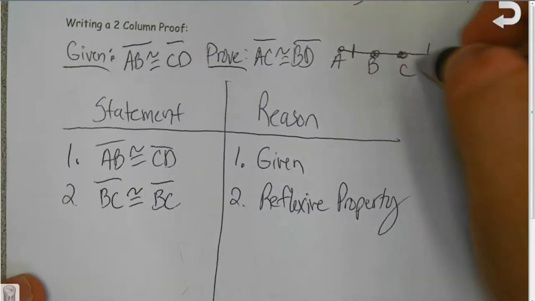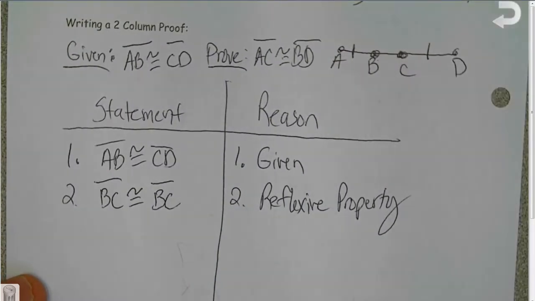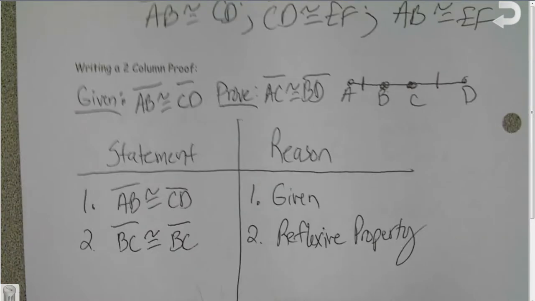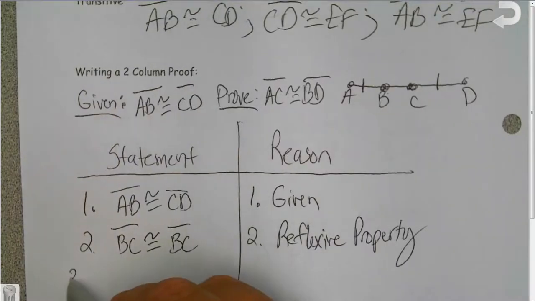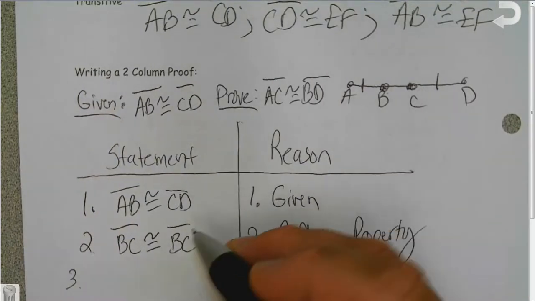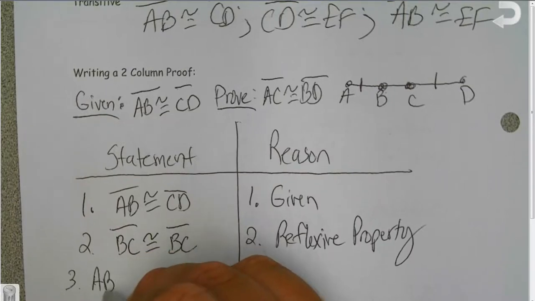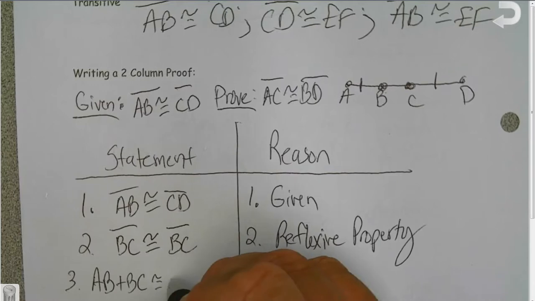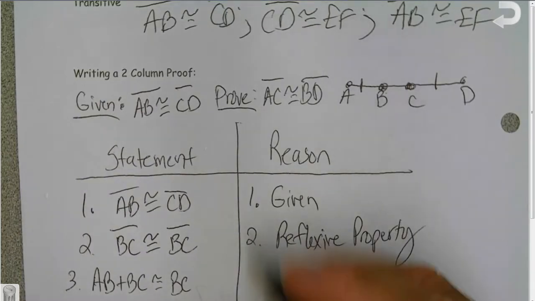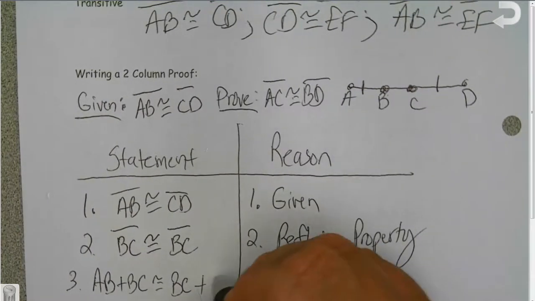So BC is always going to be congruent to itself no matter what. So now, the third thing that we're going to say is that AB plus BC is congruent to BC plus CD.